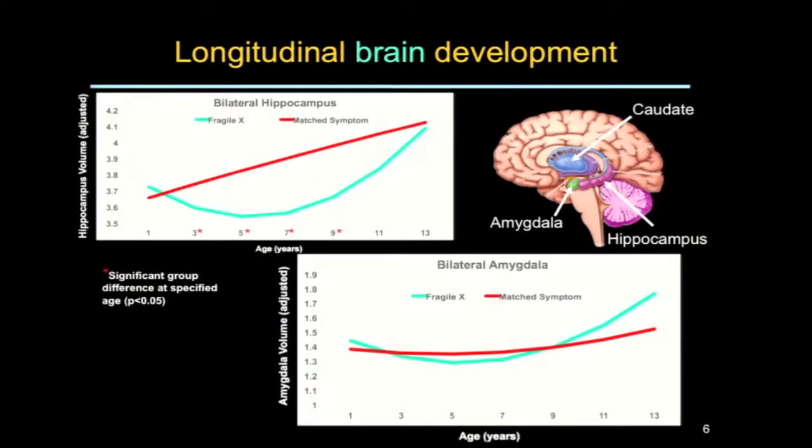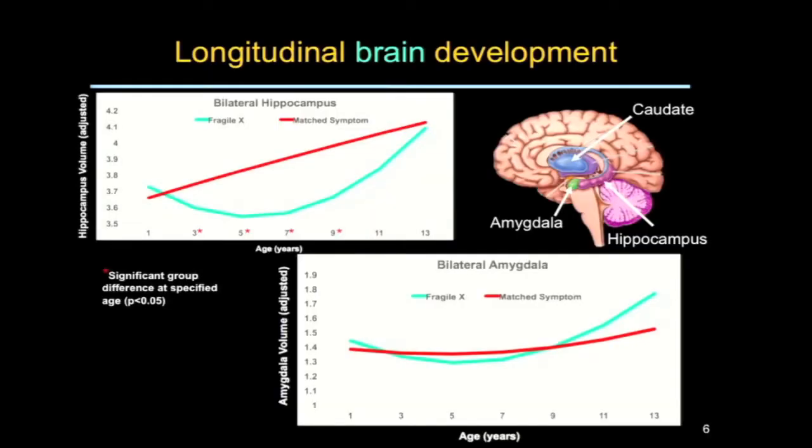Next I'm going to highlight a few other regions showing longitudinal growth curves. The bilateral hippocampus and the amygdala are both important for the study of Fragile X syndrome. The hippocampus, of course, is critical for learning and memory. It's a region that's known to be enriched in FMRP very early on in development.